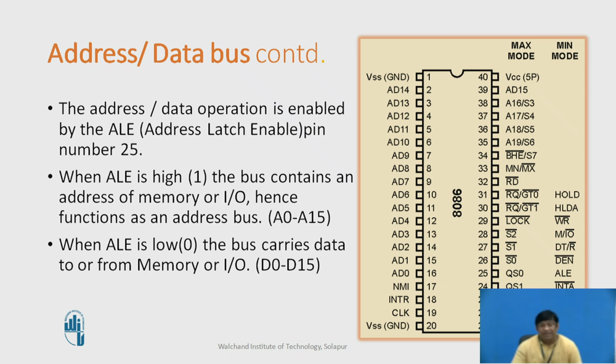When ALE is low, 0, the bus carries data to or from memory or input output, D0 to D15. So they work as both: first as address and second as data. When ALE is disabled, it works as a data bus, and when ALE is enabled, it works as an address bus.